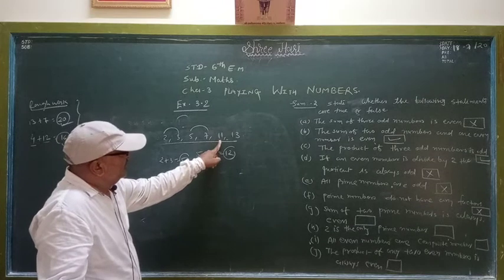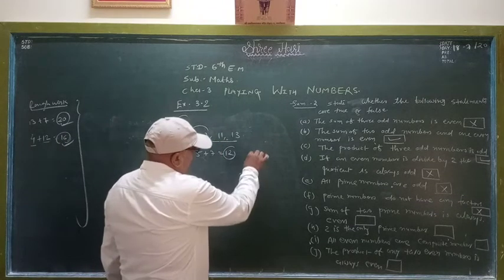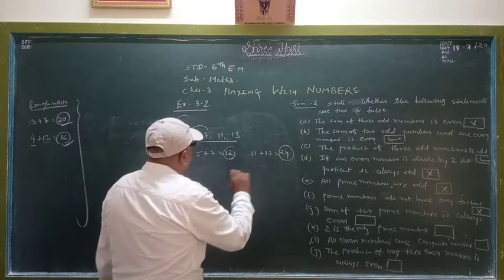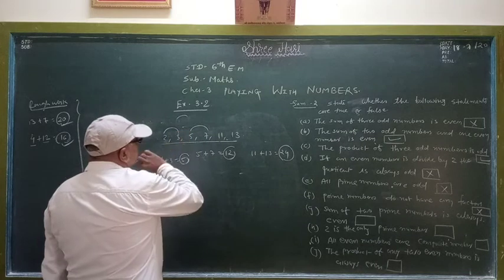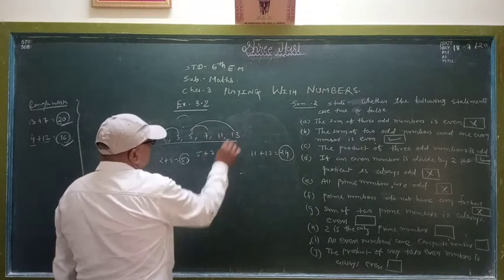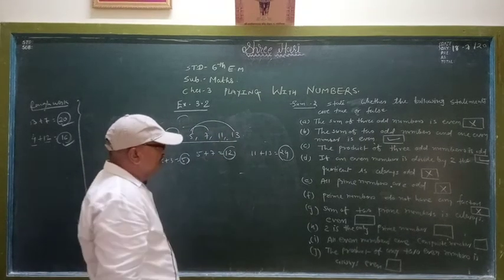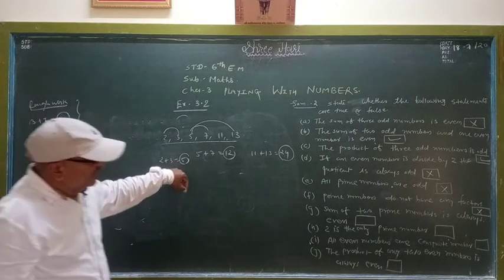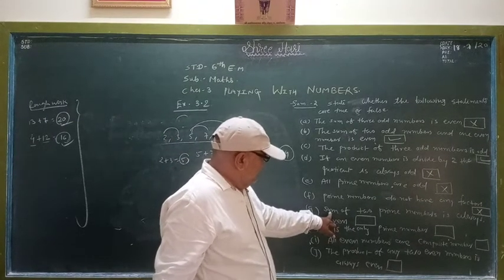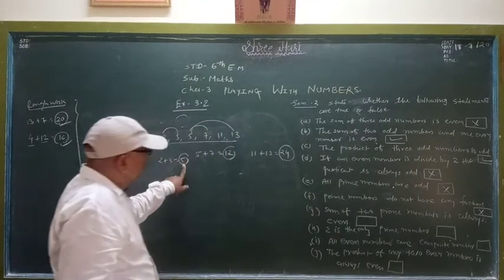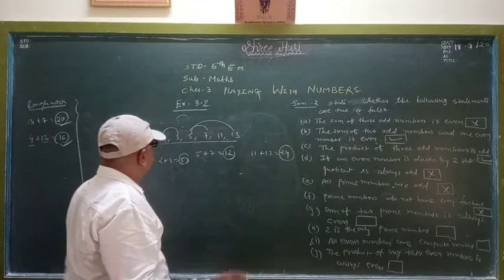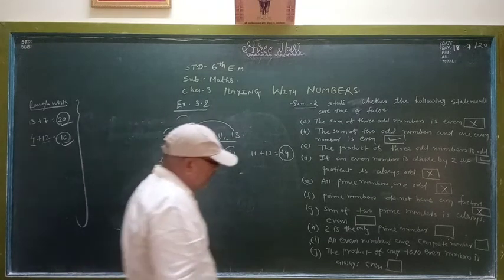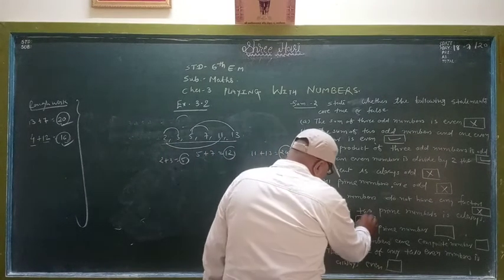Now 11 plus 13 is 24, even. Now 5 plus 13 is 18, but not always even. Sometimes it is an odd number also, like 11 plus 2 is 13, and 13 is odd, so it is wrong.